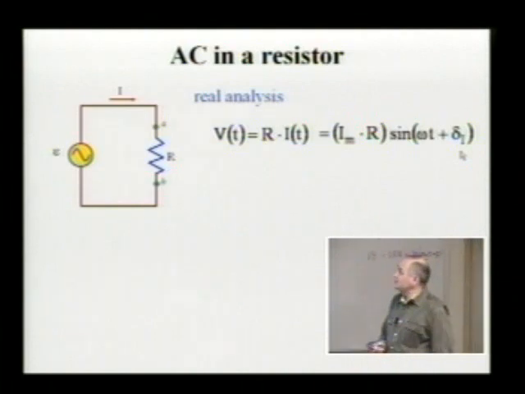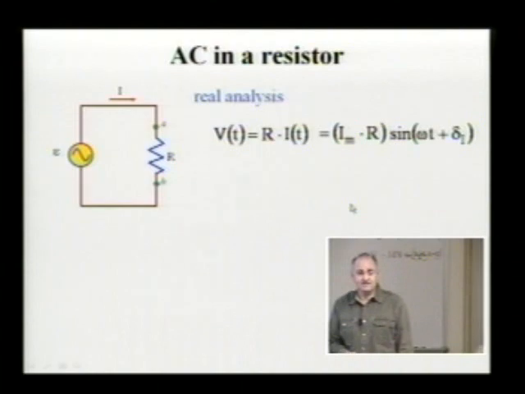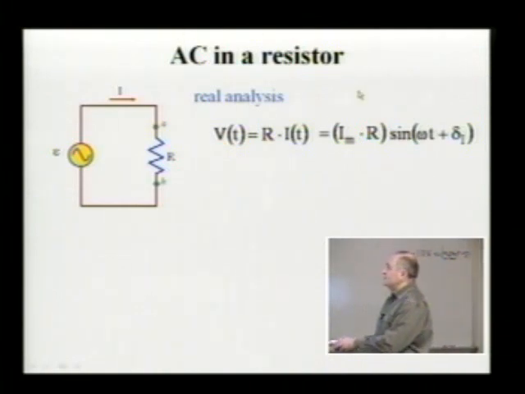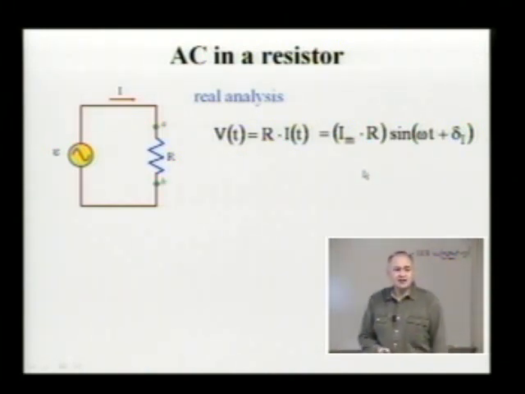So my question now is, if I wrote a function representing voltage in such a form, from this form tell me what is the peak value of the voltage. Im times R, correct. This product over here gives me peak value of the voltage. How about initial phase of the voltage?